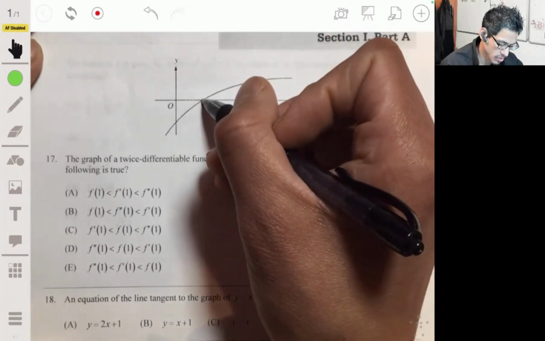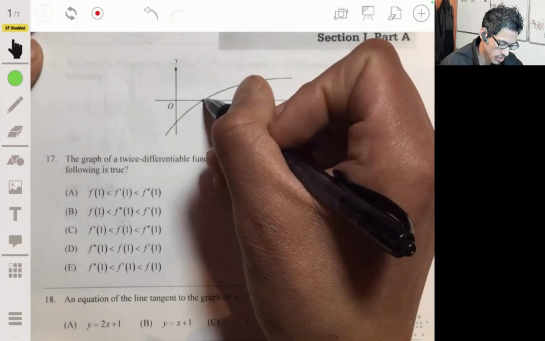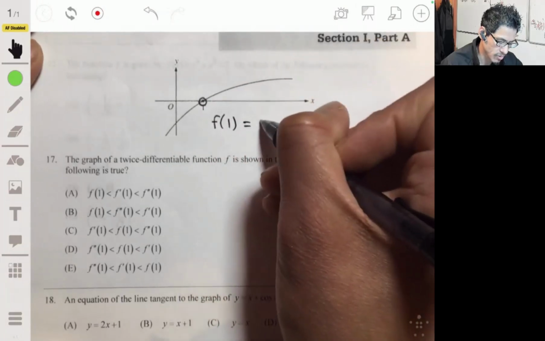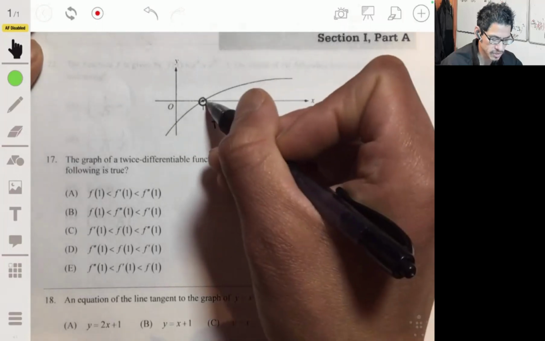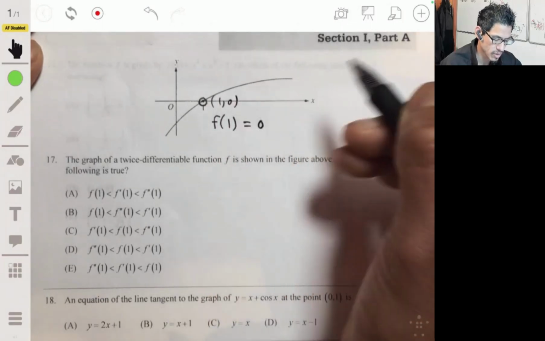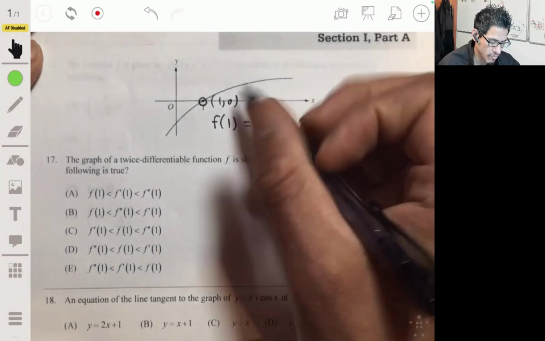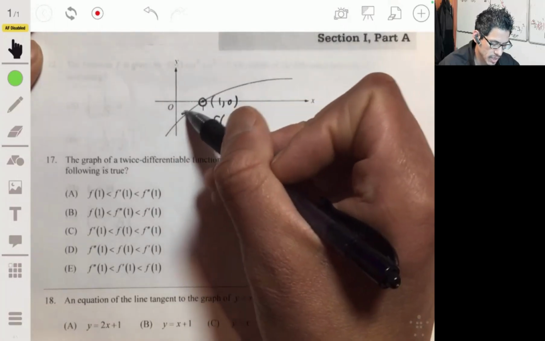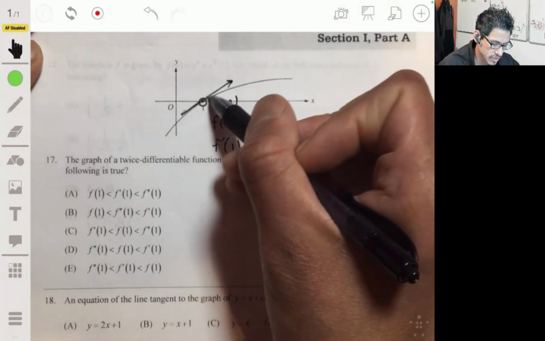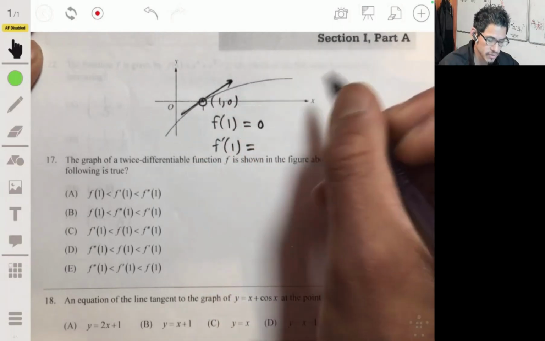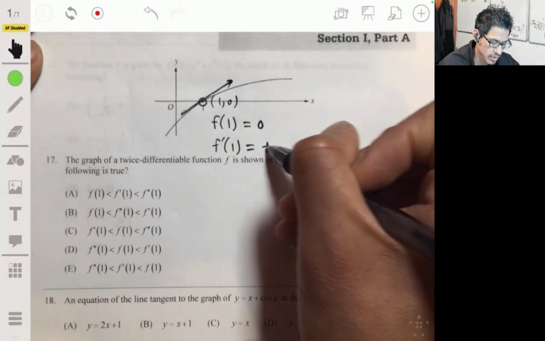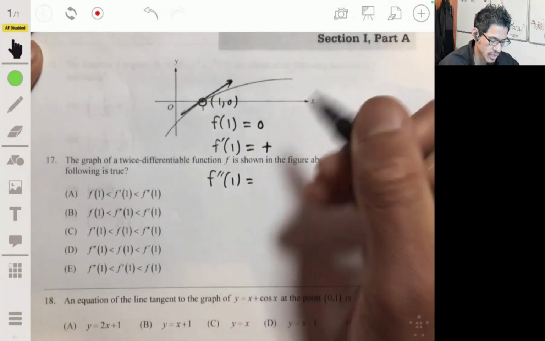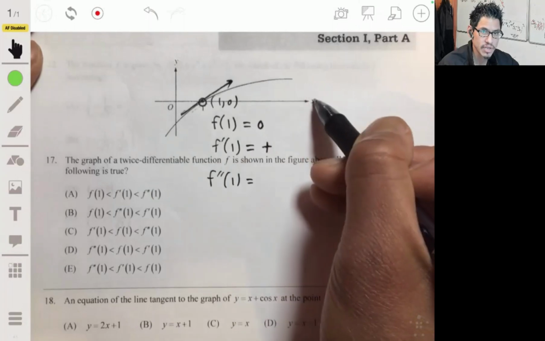First off, f of 1 is 0, because this is the point (1, 0). Now, f prime of 1, we know it's going to be positive because it's increasing. The slope of a tangent line is positive. And then f double prime of 1, see how it's concave down?